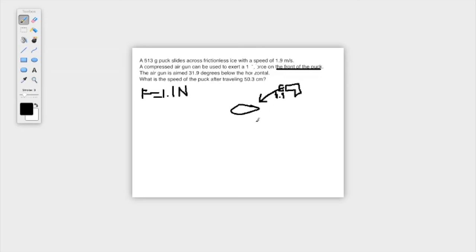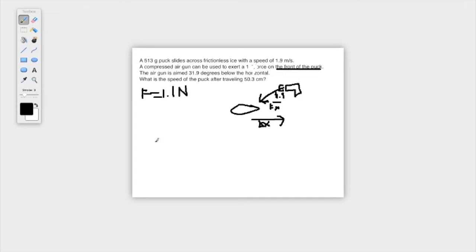Our displacement is right here, but our force that is parallel to the displacement, which is Fx, is going to the left. That means there's negative work being done. The puck is slowing down.